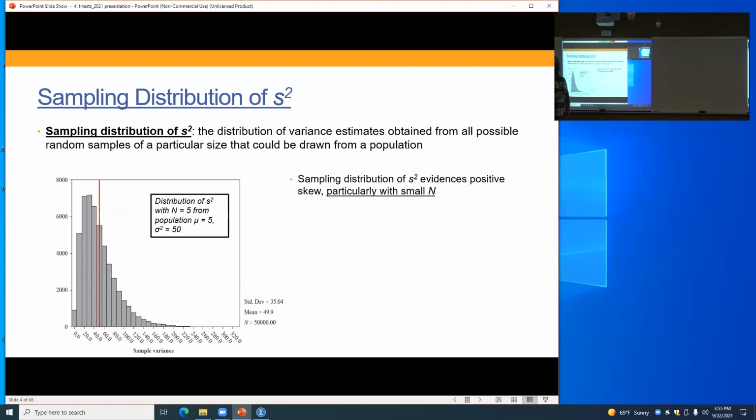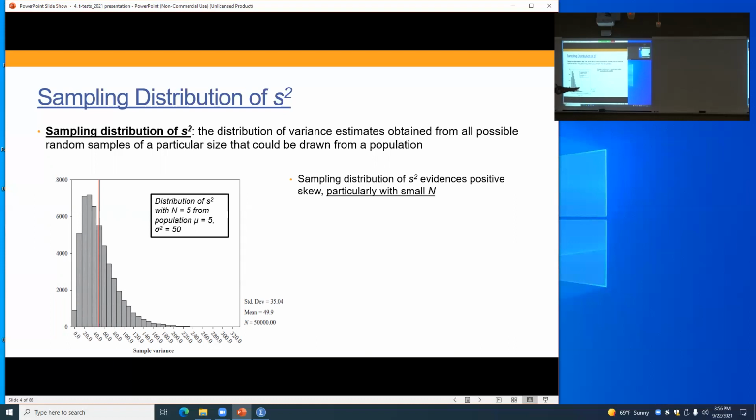Yeah, because essentially we're saying my variance is less than 0, which can't happen, right? And so, as opposed to our means, our variances are bounded by 0. They kind of get stacked up here. Now, can I get variances that are very, very large that overestimate the population value? Yeah, I can do that, right? So what we end up with, particularly with small samples, is a distribution of sampling variances that doesn't follow a normal distribution.